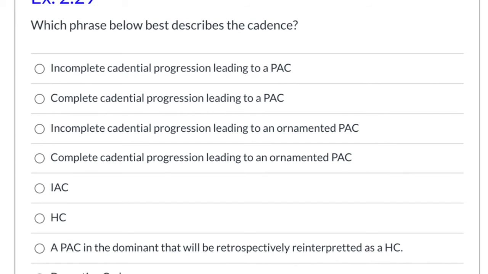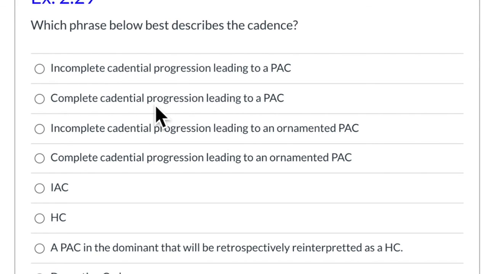And then an expanded cadential progression. An expanded cadential progression is a complete cadential progression. What is expanded is the fact that it occurs over 4 measures, versus a complete cadential progression that extends usually only over 2 measures.